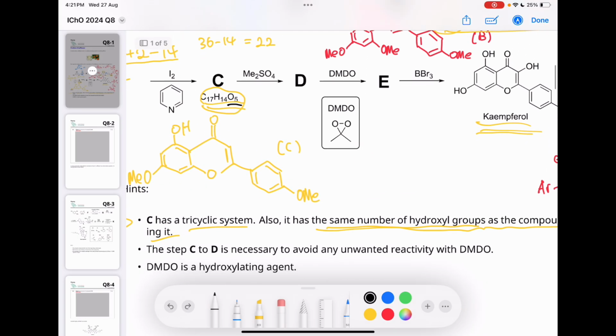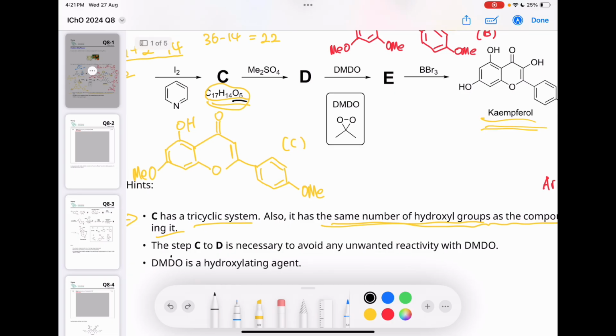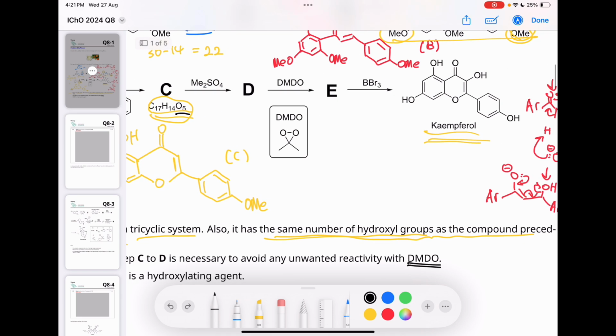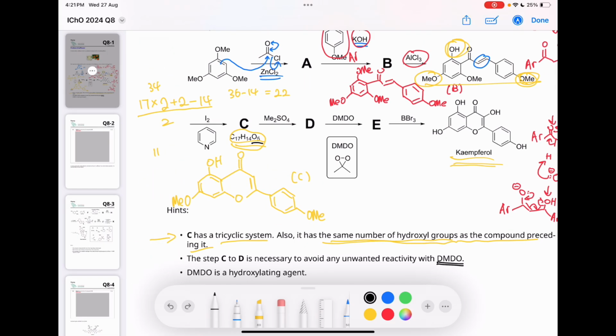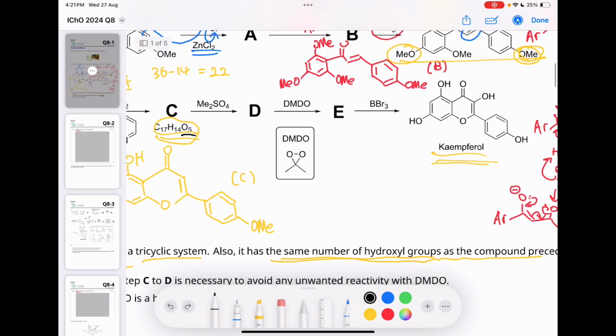Now what happens from C to D? The step C to D is necessary to avoid any unwanted reactivity with DMDO. We probably haven't seen DMDO before, but the question also tells us that DMDO is a hydroxylating agent. So we can work backwards from this step onwards to figure out what happened here.